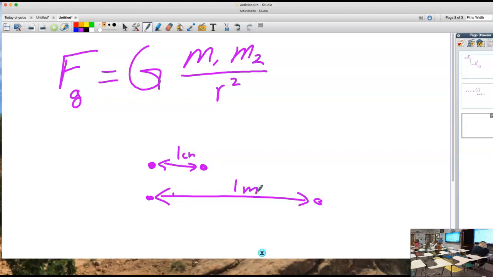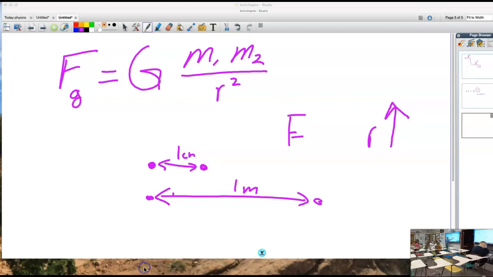The meter or the centimeter? The one that's closer, right? This is an inverse relationship. As the radius goes up, as we get further and further apart, what happens to the force? It goes down, right? That's called an inverse relationship.